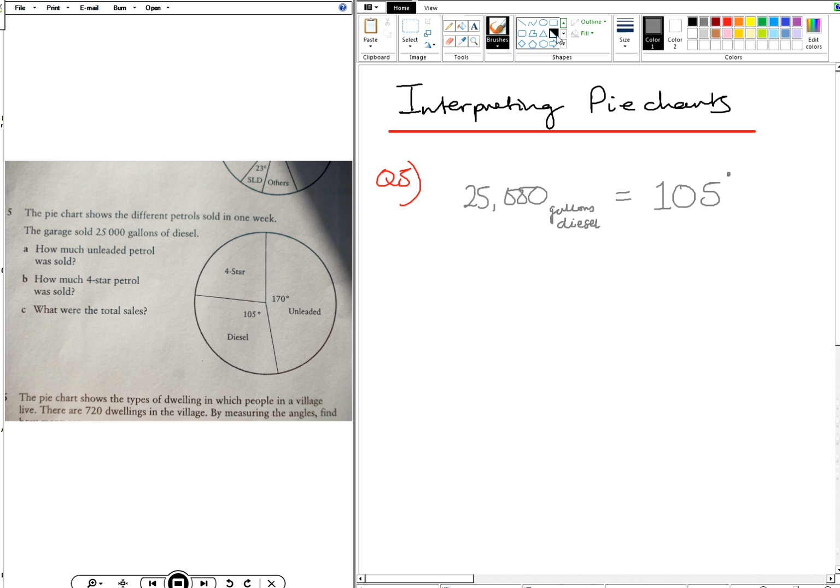So if you look at the diagram, we have a little sketch of it. 25,000 gallons is represented by this diesel section here.